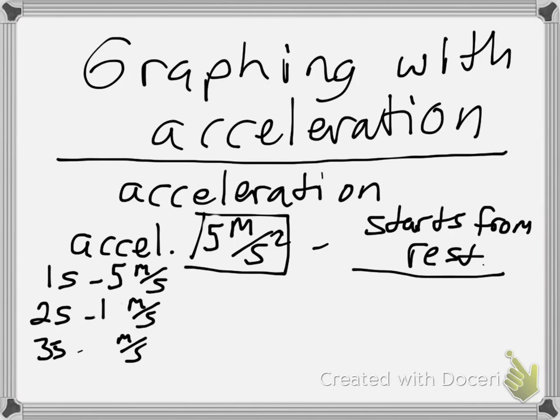After 2 seconds, it'll be going 10 meters per second. And after 3 seconds, it'll be going 15 meters per second. So what the acceleration means is that the velocity is constantly increasing at this rate per second. Okay, so it's just going to get that much larger in each incremental change of time.